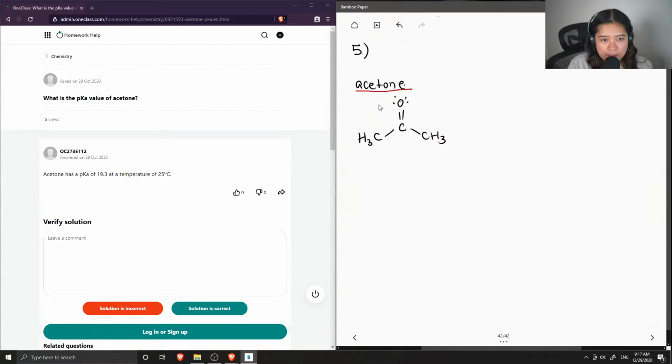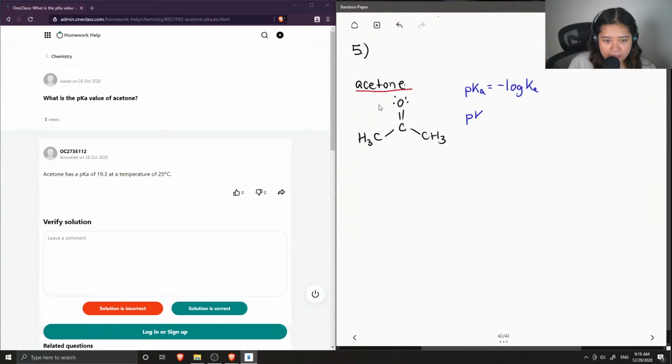So typically, if we are given the Ka value, then we can calculate pKa by using this equation, negative log of the Ka value. But since the question doesn't include the Ka value, we would just simply look it up in a table of common compounds or solvents, like their pKa values.